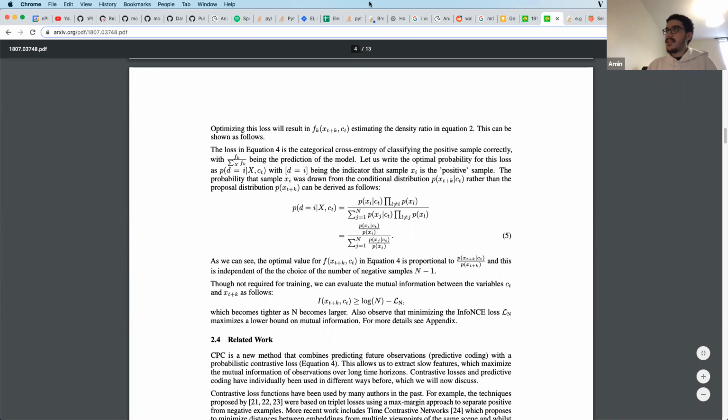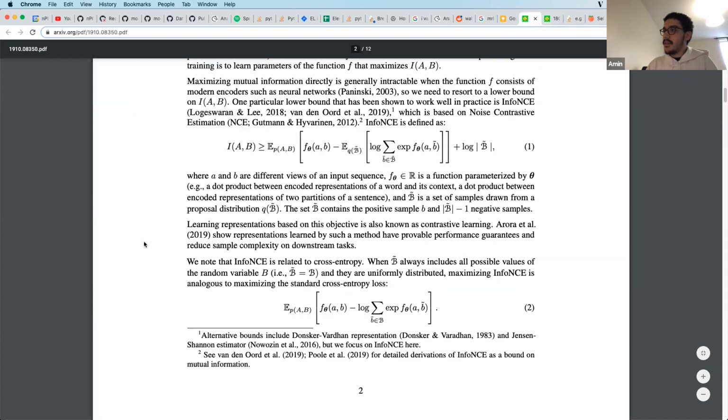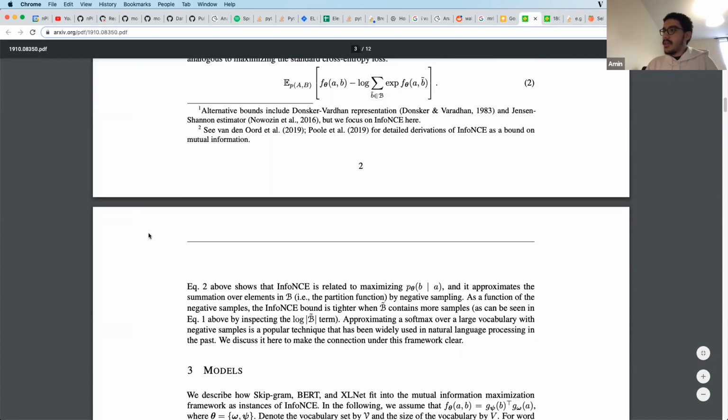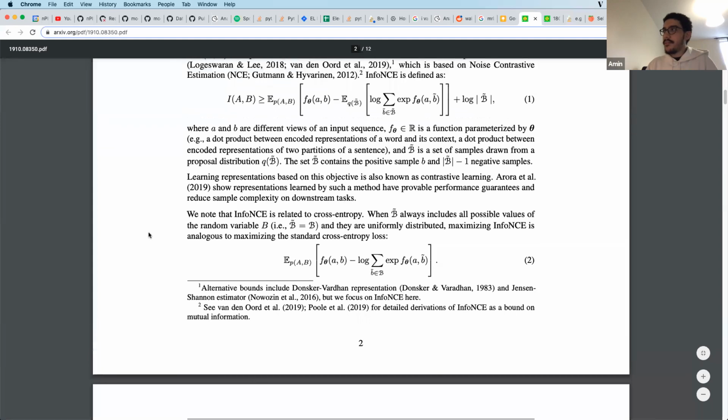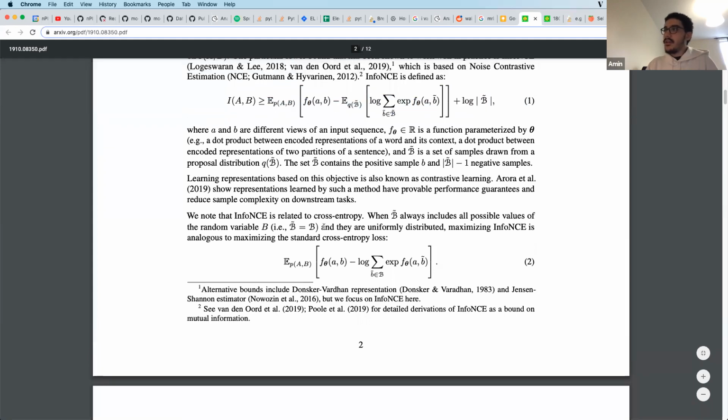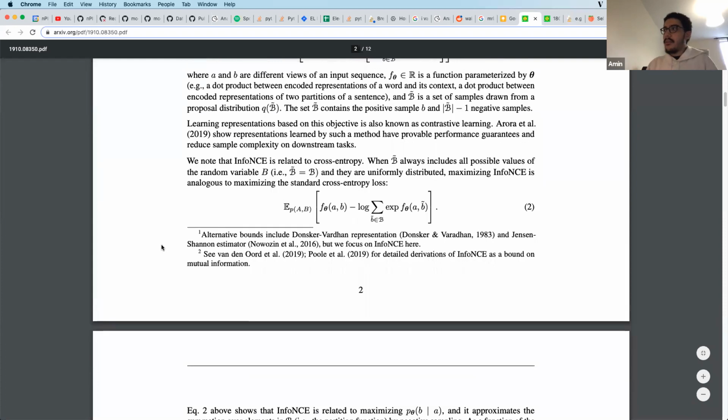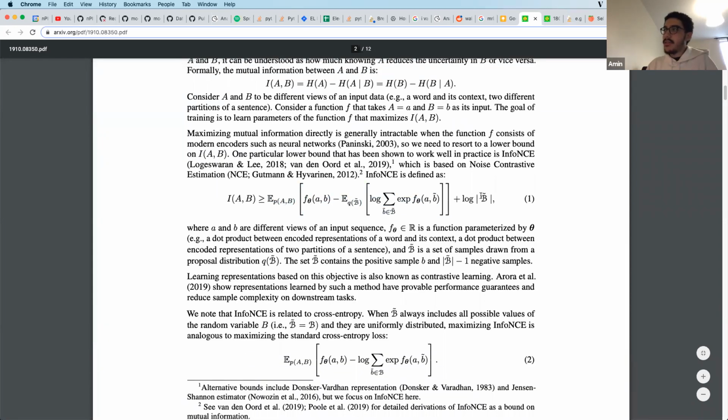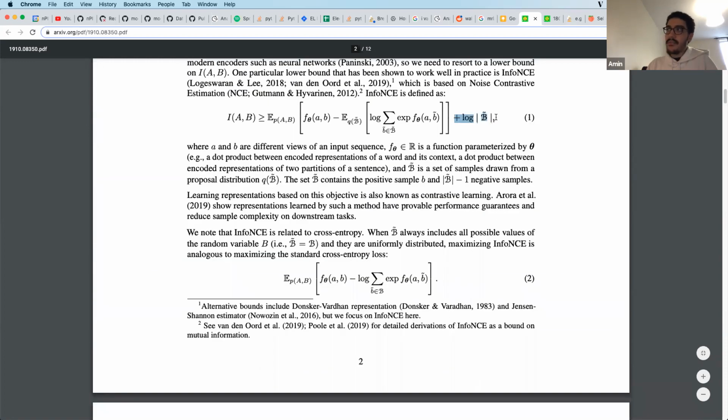So this is in the appendix of this paper. Please do jump in if you'd like to see the derivation. But this is the idea, and you can also see that the bound here becomes tighter as you increase the number of negative samples that you have by this term here. Okay.